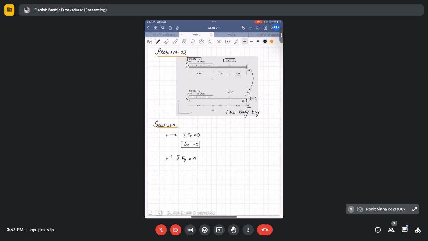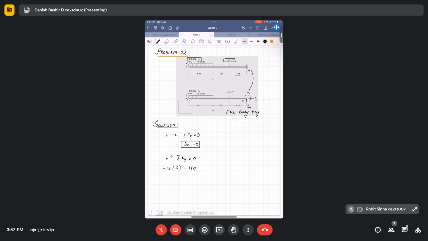If we write this force equilibrium equation, we will see that this 15 kilonewton per meter is acting opposite, so minus 15 first. It's acting for a span of 6 meters, so 15 multiplied by 6. Then we have 160 kilonewton acting downward, so it will be 160.